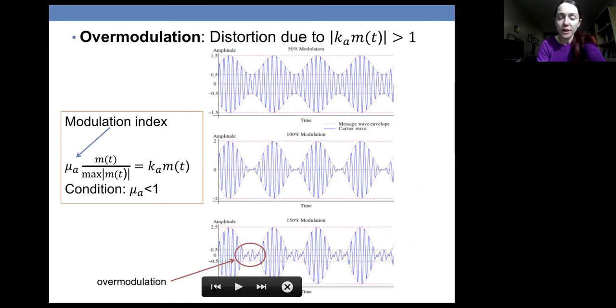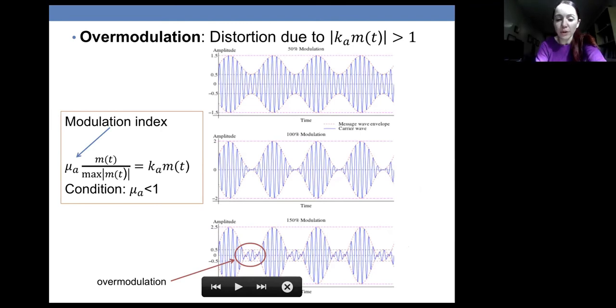Okay. Now, let's go back to the concept of overmodulation. As I said, when Ka m of t in absolute value is larger than 1, then conventional AM is not going to work because there's overmodulation.